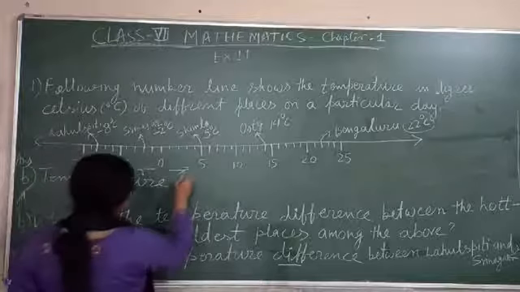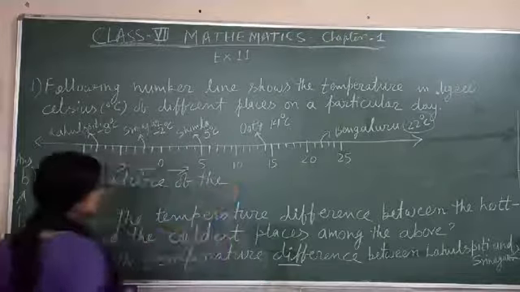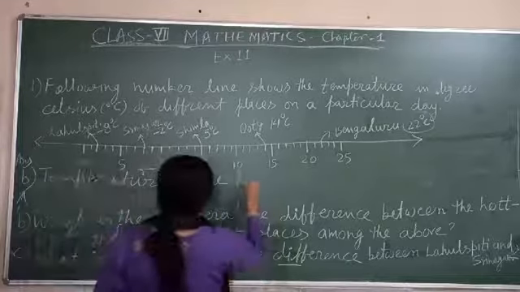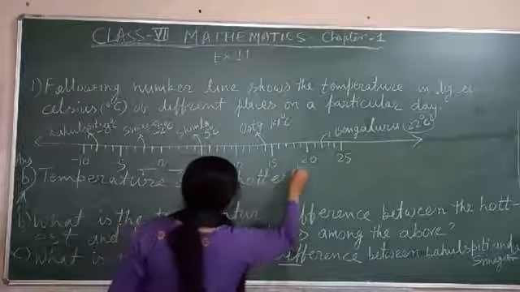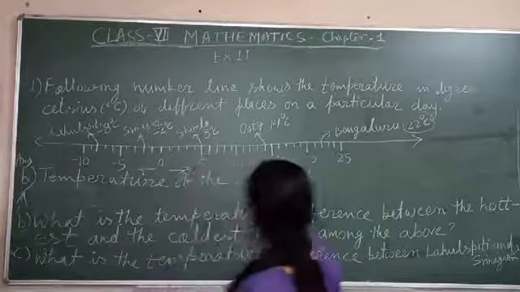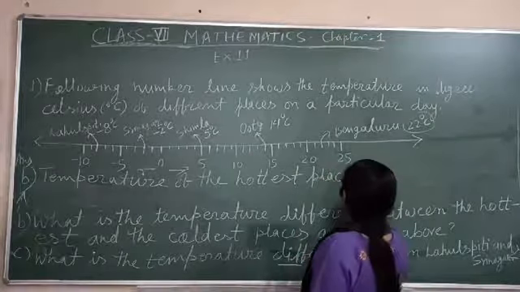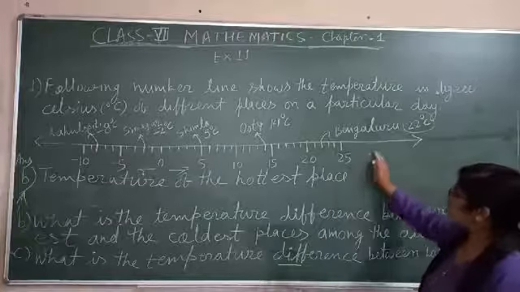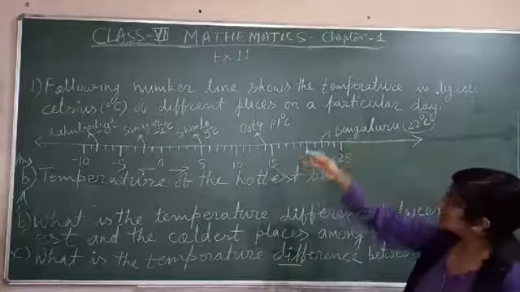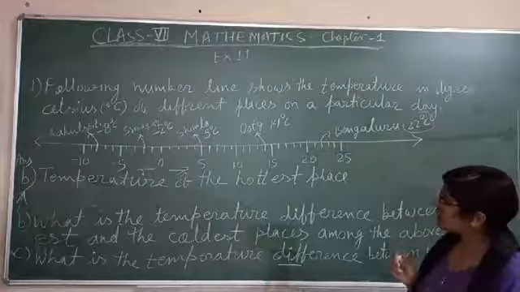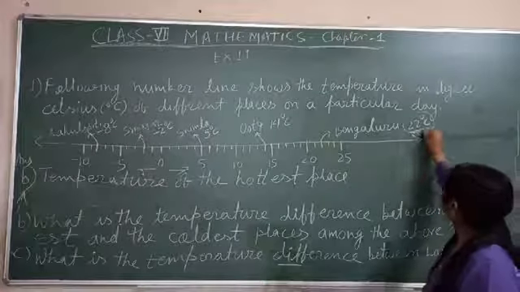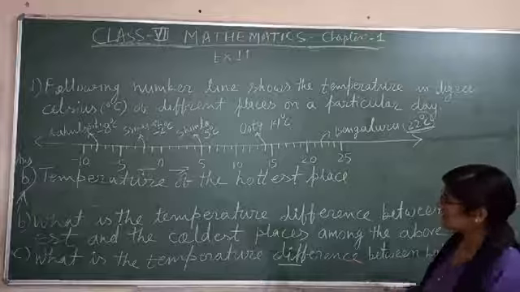Temperature of the hottest place. So what is our hottest place? Look among these temperatures. Which one is maximum? This is 22 degrees Celsius.